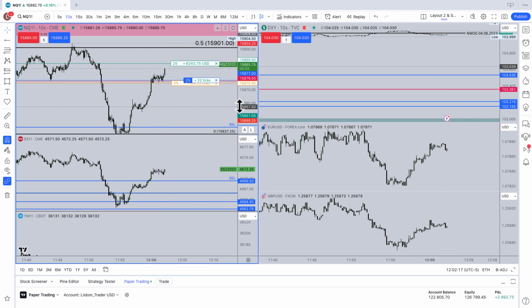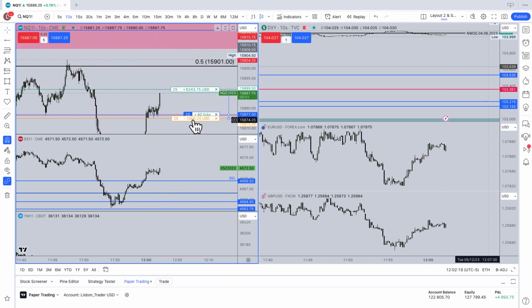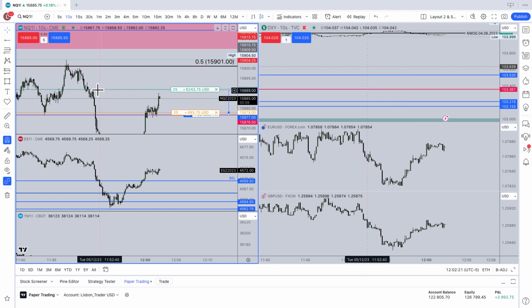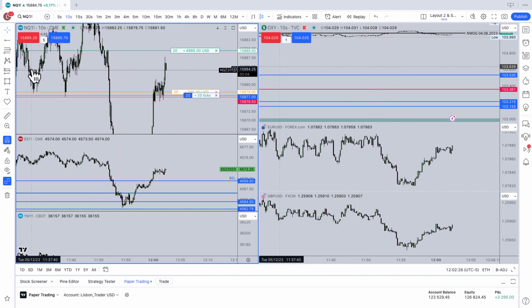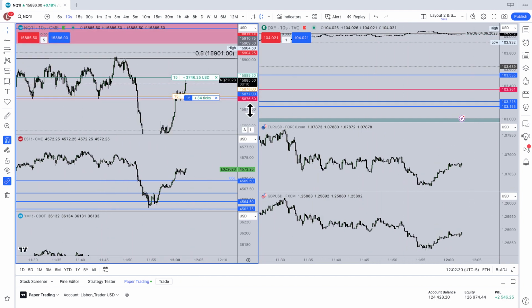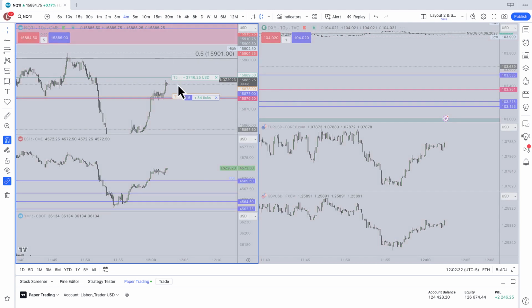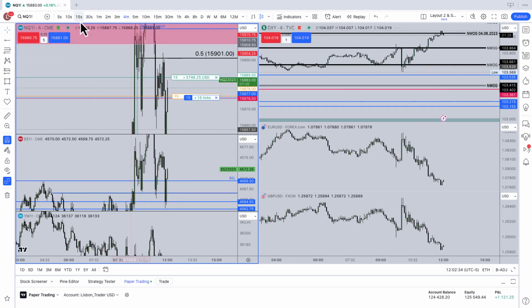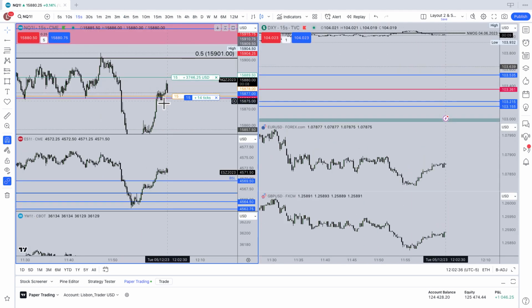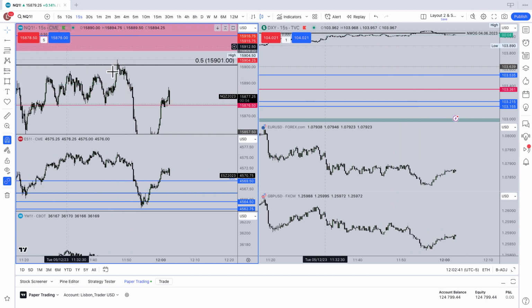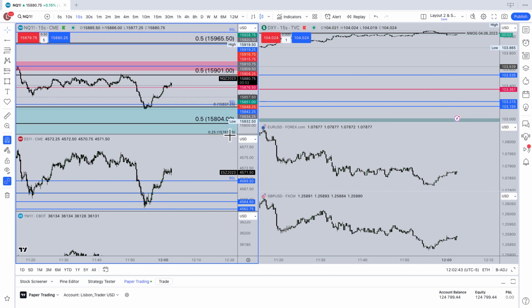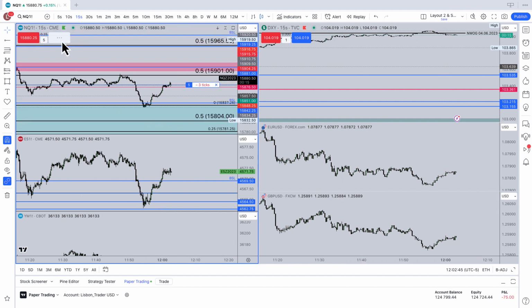Took that and now is going for that target. So we are at 12, so it's running for the stops. Running for the stops above this level here.